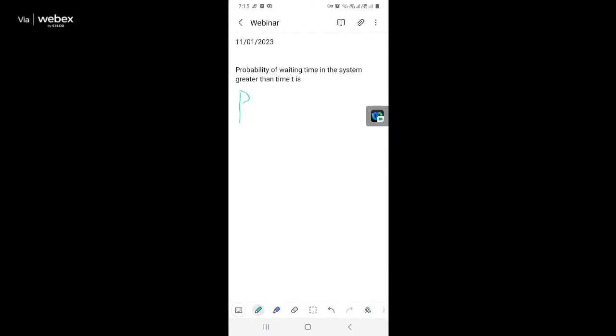So it is P of W greater than t, because here they are asking the probability of waiting time W of the system being greater than a time t, which is equal to e to the power of minus (mu minus lambda) into t.